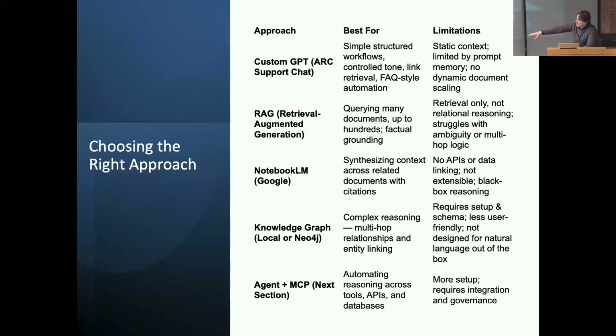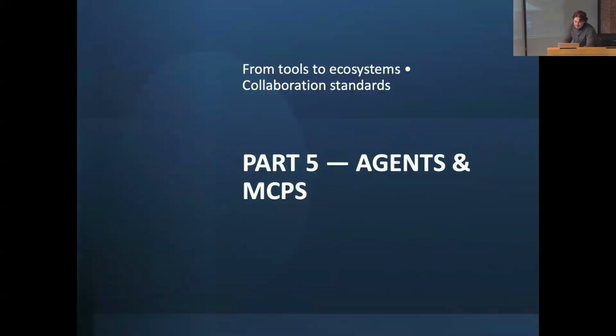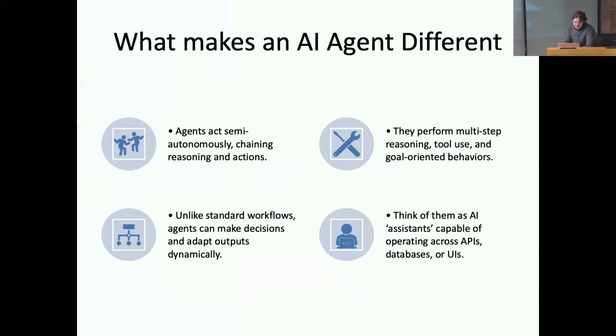Lastly, if you need to go beyond simple information gathering and you want to create actions, then agents and MCPs are the way to go. Very quickly, we can just breeze through this. Agents, what makes them different? Agents act semi-autonomously. You can chain multiple agent actions together to create workflows.